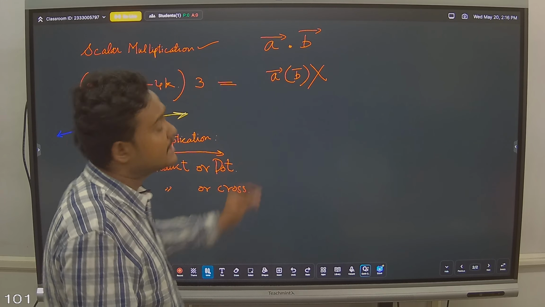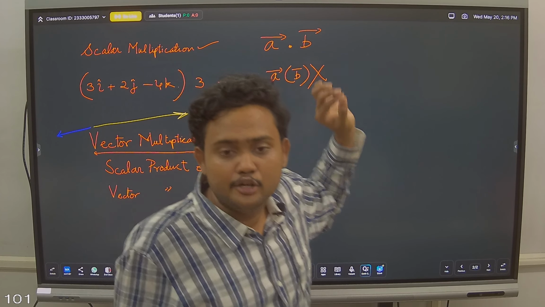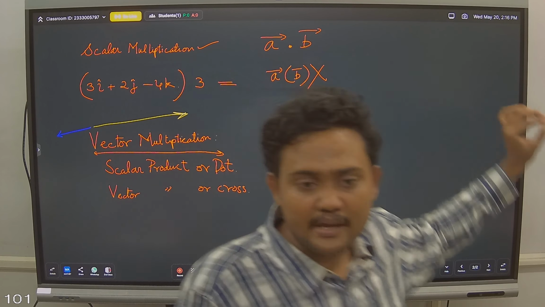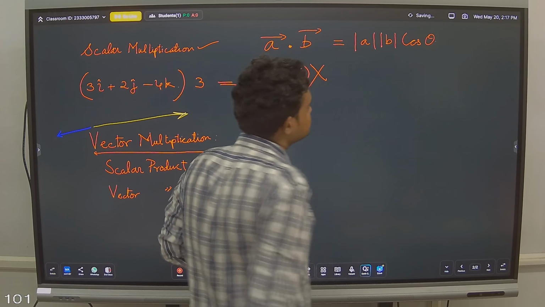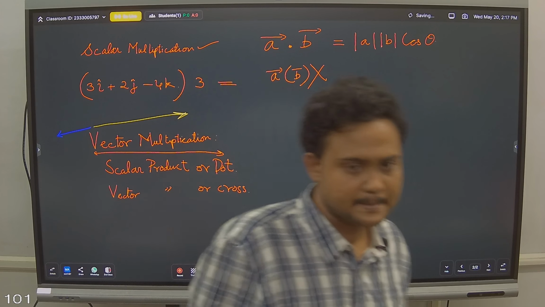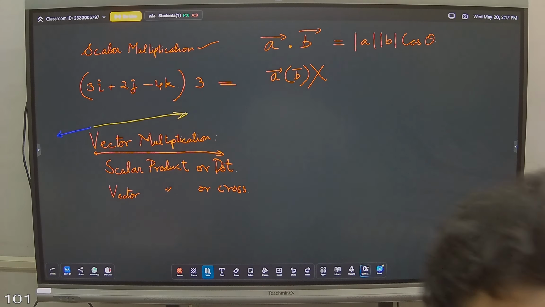It is represented as A dot B and read as A dot B. So A dot B is equal to mod A mod B into cos theta, right?